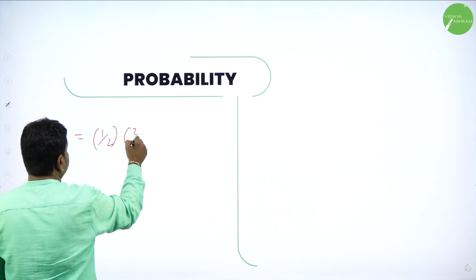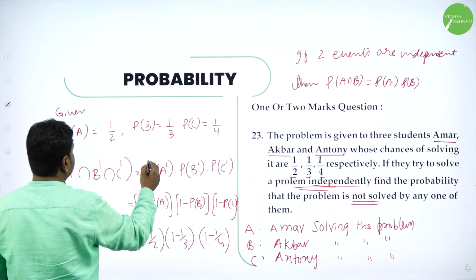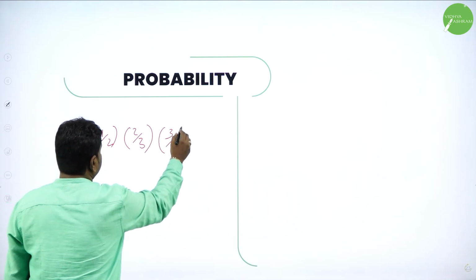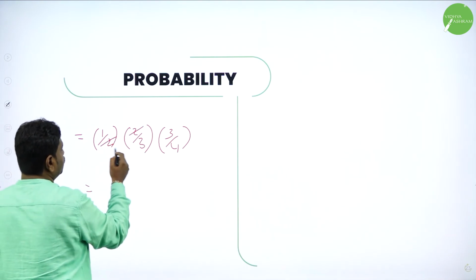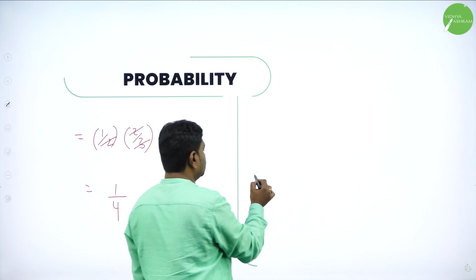So 2 by 3 into 1 minus 1 by 4: 4 ones are 4, 4 minus 1, 3 by 4. Simplify this. I can cancel 2, 2, 3, 3. I am left with 1 by 4. So what is the conclusion?